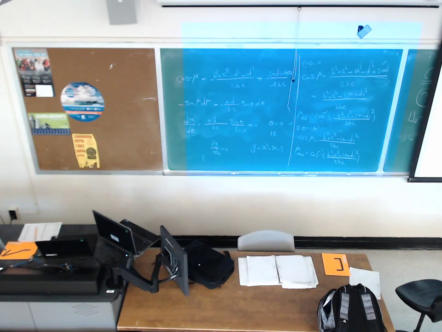Solving for cosine of mu min: (A plus B) squared plus C squared minus D squared, divided by 2(A plus B)C.